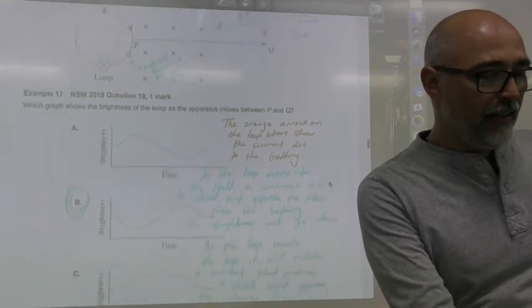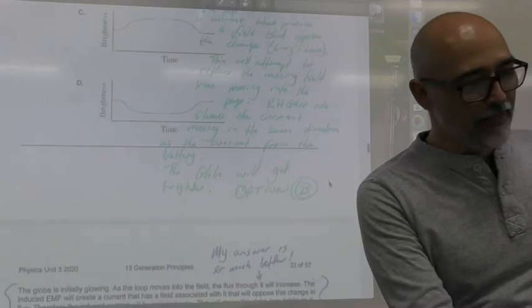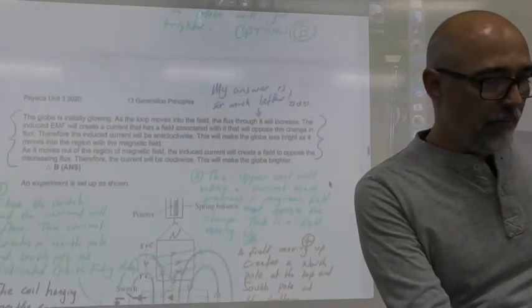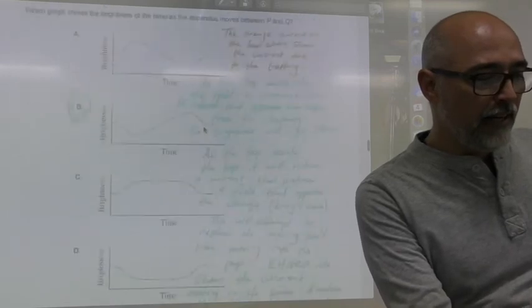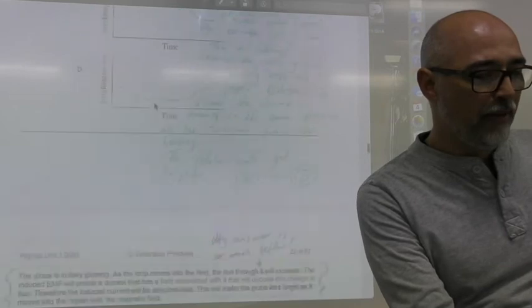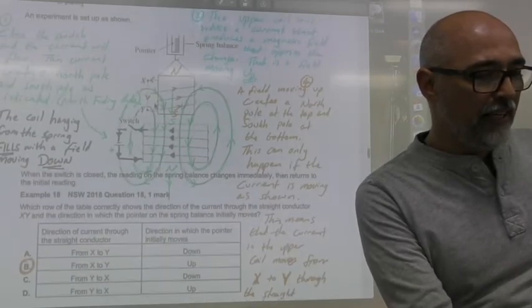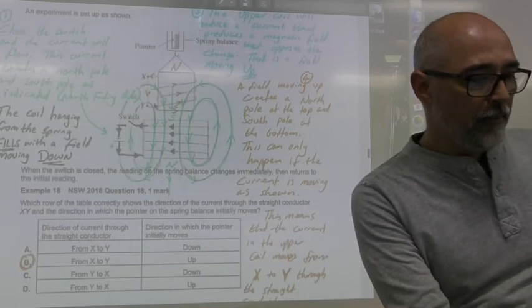Again, lots of detail here. You don't need me to read it out to you. They've actually put in this one here, in example 17, their own answer. Here, I reckon mine's way better than theirs. Over here, this is another question, all right?